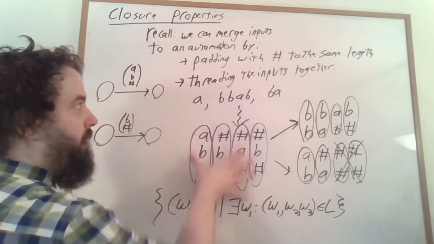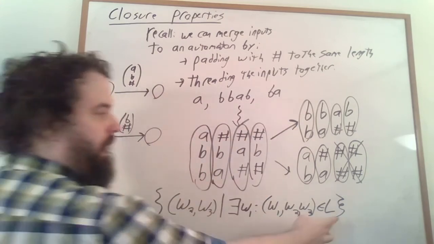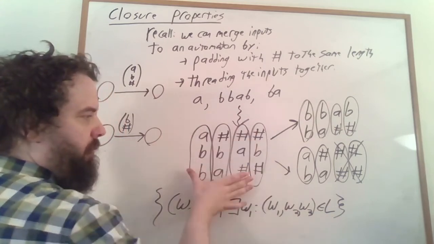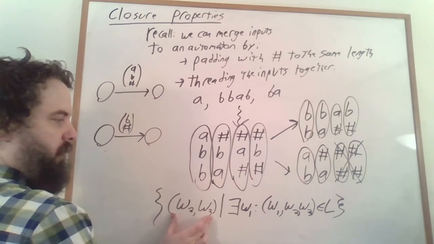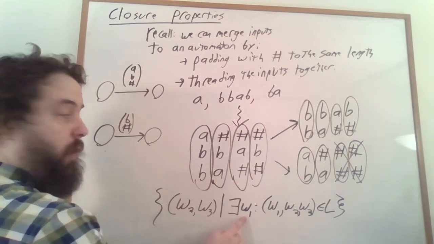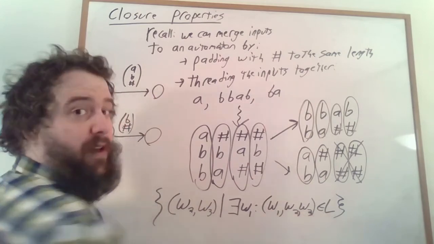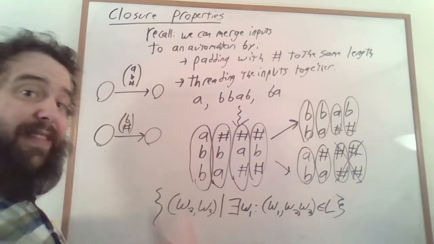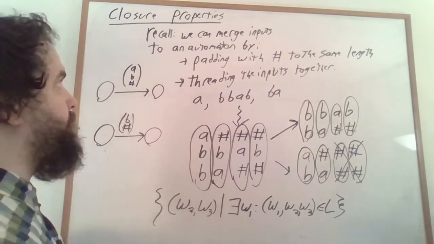We can interpret this as this triple of words. Taking a language L that represents triples of words, and then looking for all of the pairs where there exists a word that we could add in as the first thing and get an element of the language. And again, this will wind up being extremely important in the next video.